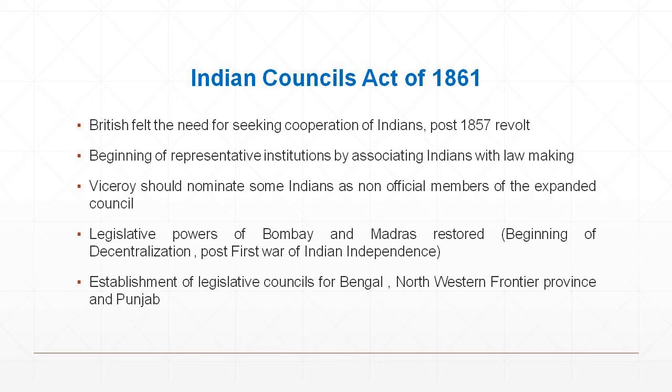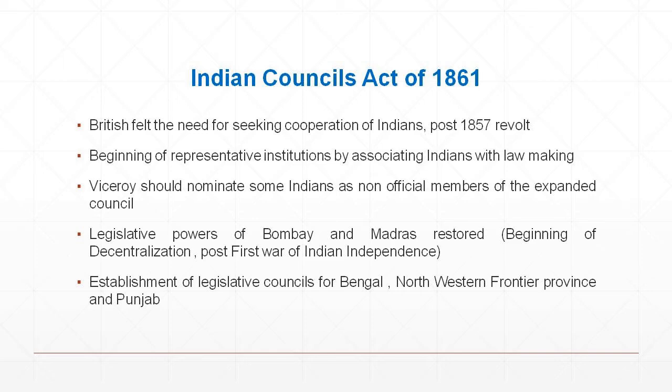The features of this act are: it made a beginning of the representative institutions by associating Indians with the law-making process. So institutions were now representative of the people who are being governed. That means Indians are being governed and Indians are now a part of the legislative process.